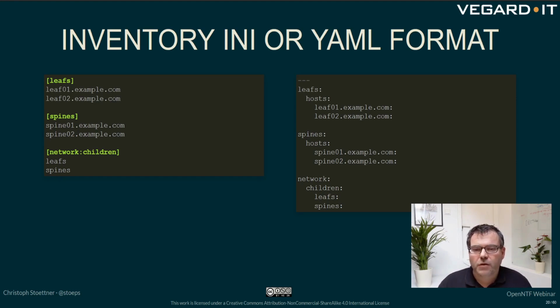So first of all, when we start our Ansible configuration, we need an inventory. For the inventory, we have the option of two formats. The format on the left is the INI format. So you have the group names in brackets, then the host names, and on the bottom of the left side you see a special group.